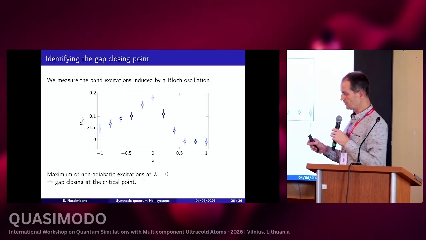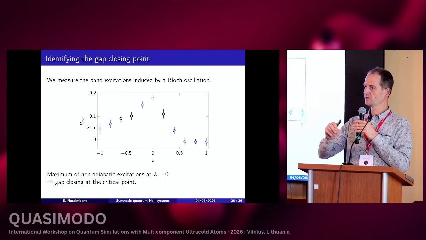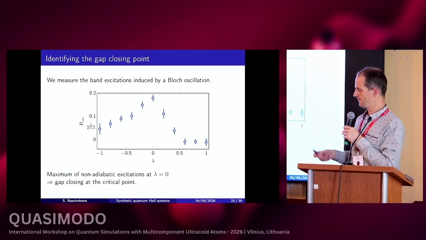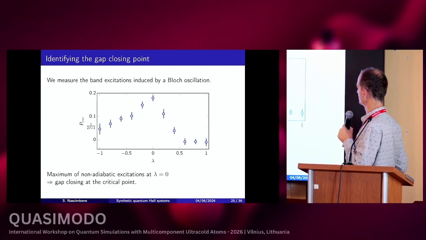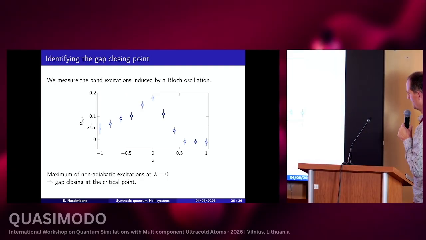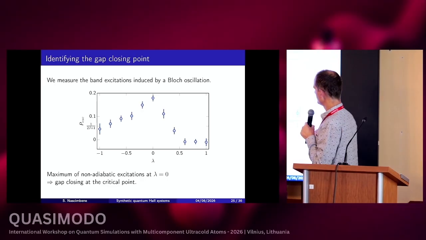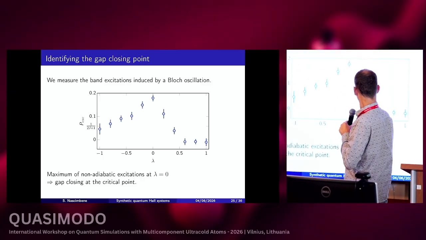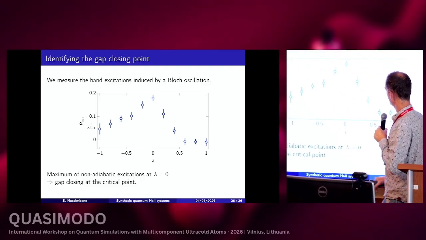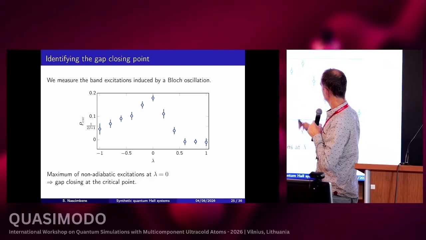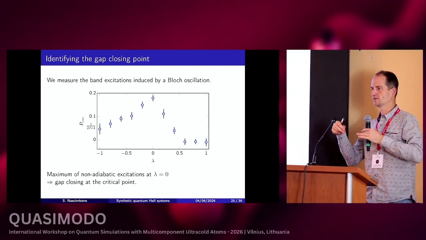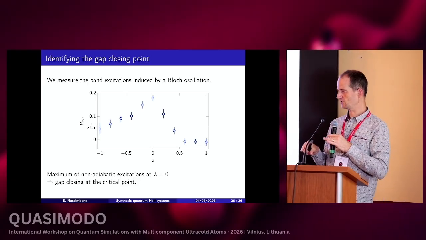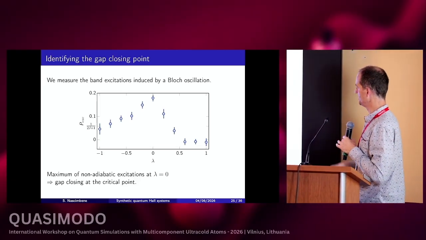For this, when we perform the Bloch oscillation, we can measure at the end the probability to end up in an excited band using a standard band mapping technique. This is what we measure as a function of the parameter lambda, and you see a maximum at lambda equals 0, which indicates that this is where the gap between the ground band and the first excited band must vanish.